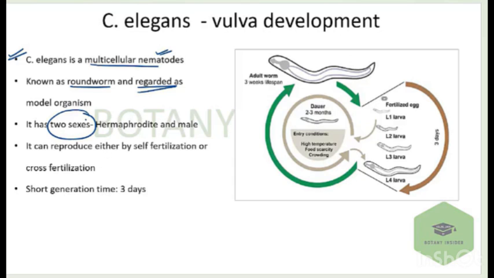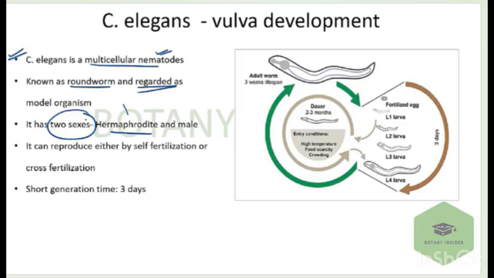Like if you take up a C. elegans, it will be having the male part as well and the female part as well. There are two types of it. First case is hermaphrodite, that means having the male and the female part together, and the second one is having only the male part. Okay, either you have a hermaphrodite present in nature or a male present in nature.